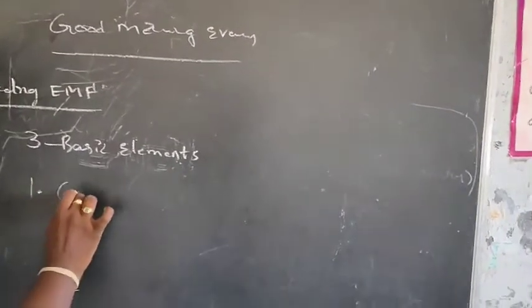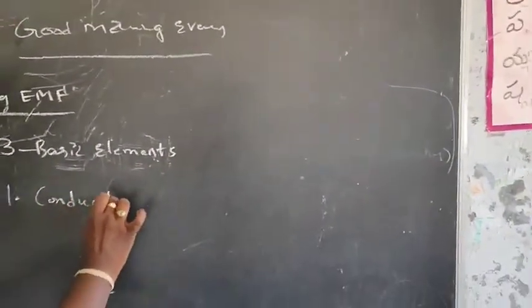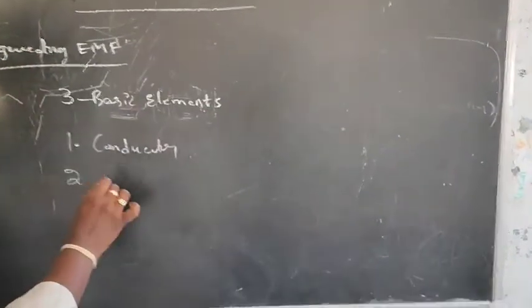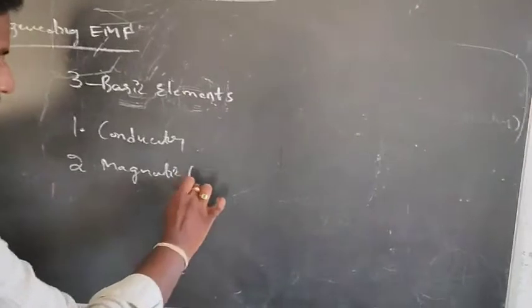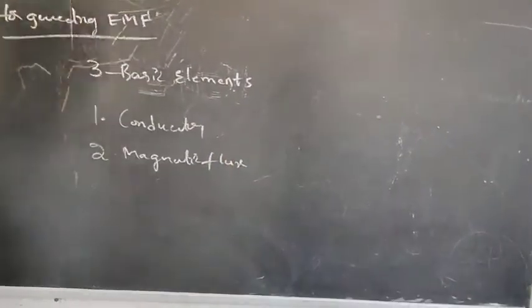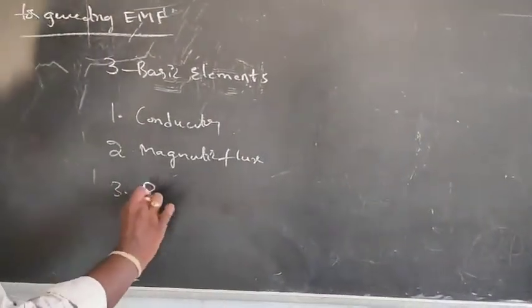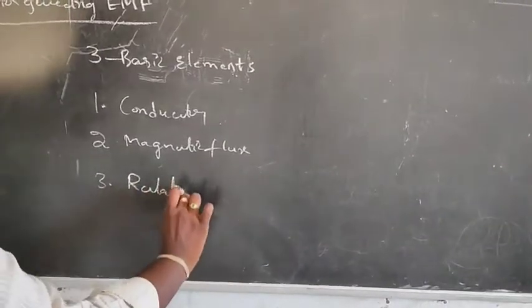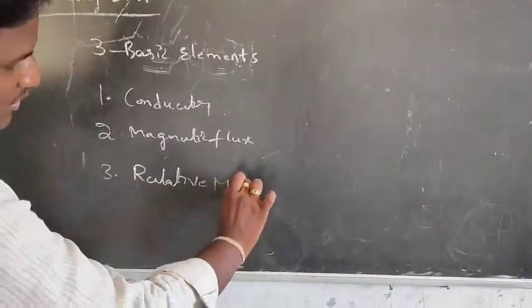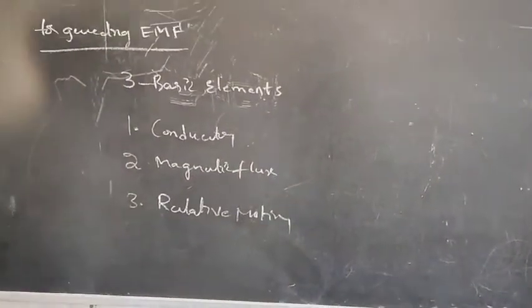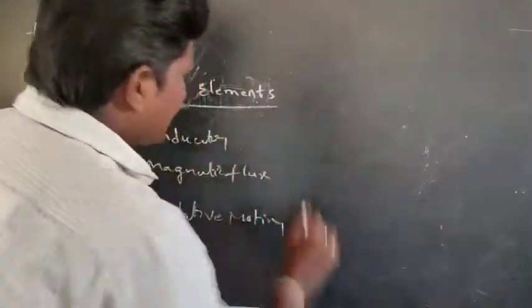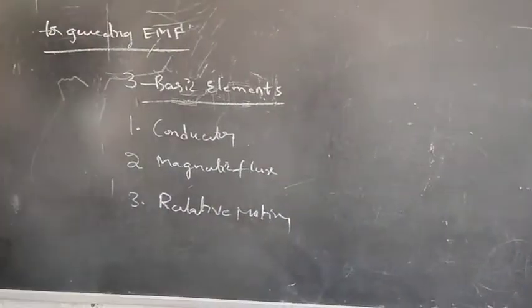One is conductor, another one is magnetic flux, third one is relative motion. These three are the basic elements to produce an EMF.